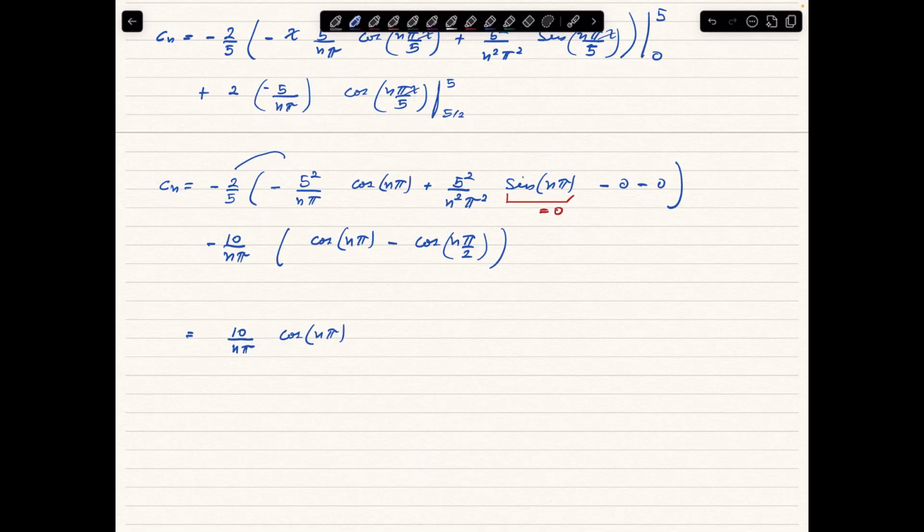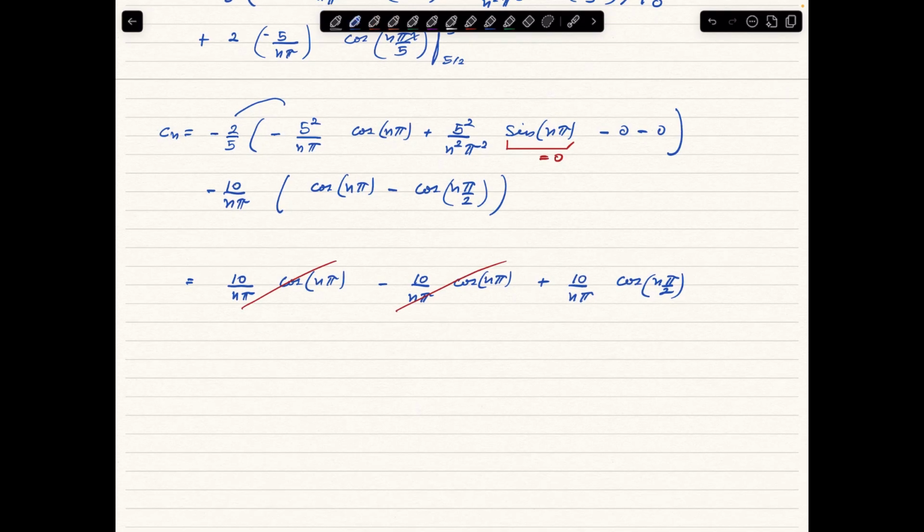Then this is 0, and then minus 10 over n pi cosine of n pi. The same thing with the opposite sign, and then negative is positive, 10 over n pi, and here we have the cosine of n pi over 2. And this term goes with that term.